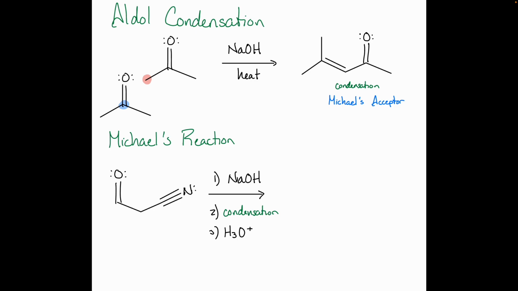So again, I need to link that alpha carbon of my donor with that beta carbon of my condensation product, my Michael acceptor.